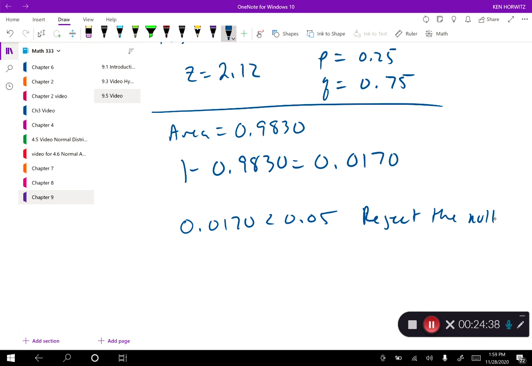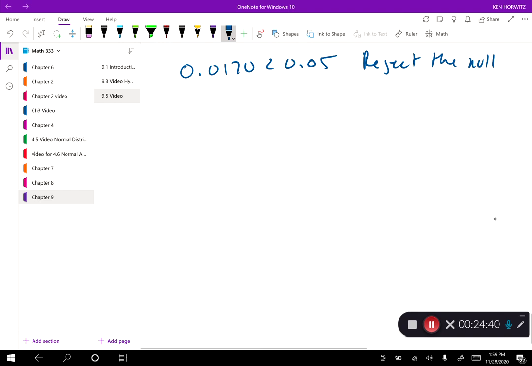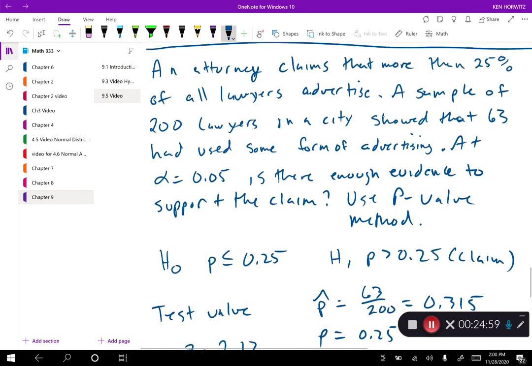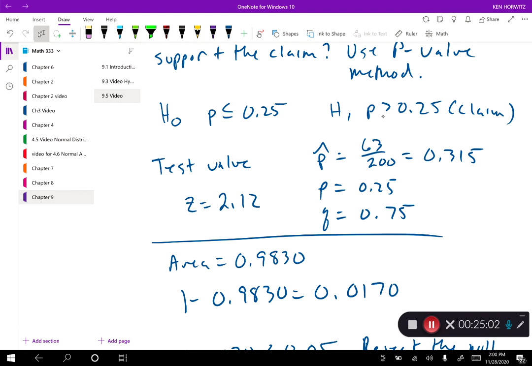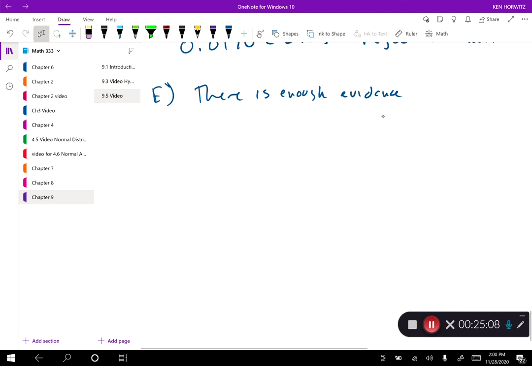And if we reject the null, we can summarize by saying there's enough evidence to support the claim. Because if we look back, we see that the claim was our alternative. So if we reject the null, that means there's enough evidence to support the claim.